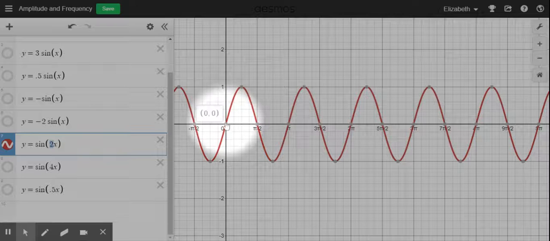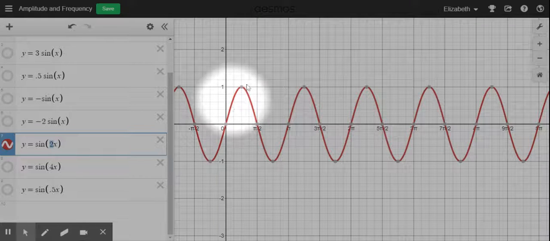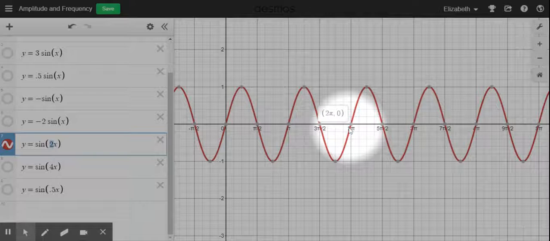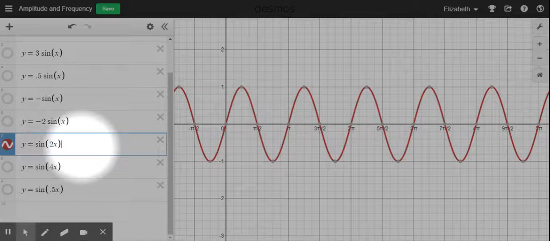If we're starting here, everything else about it stays the same. Up, down, up, down, up. By 2 pi, we have completed 2 full sine curves. That is what the frequency tells you. It's frequent. Frequency means how often something happens. How often are we completing a sine curve? The frequency. Let's turn that one off.